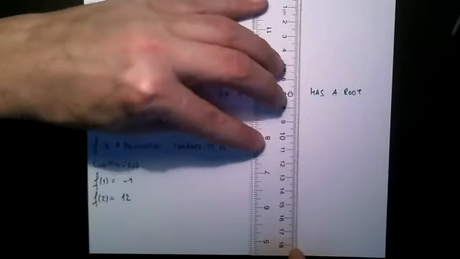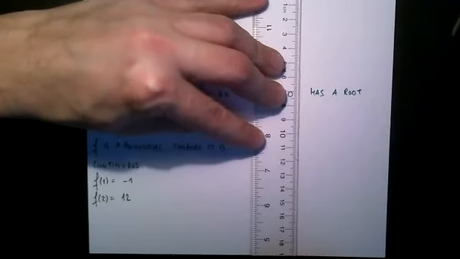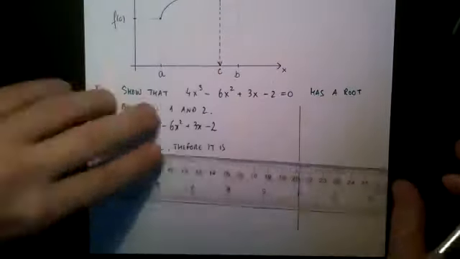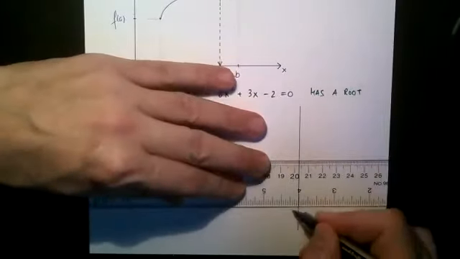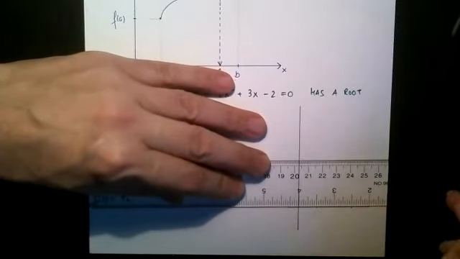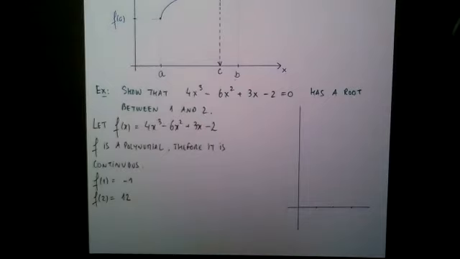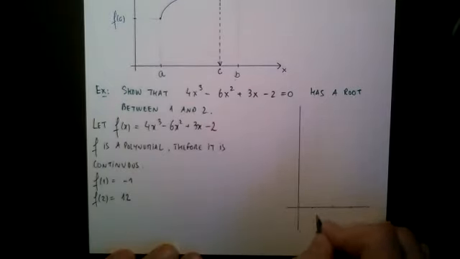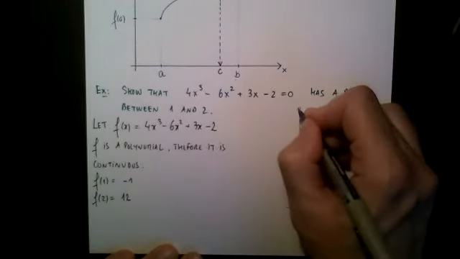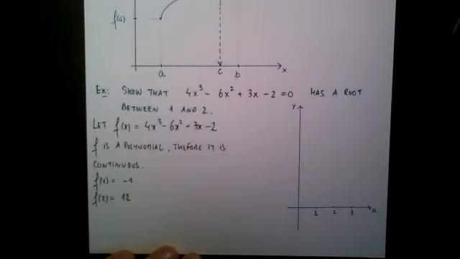So I'm going to go here now and draw axes, with 1, 2, x, y. What's happening here?